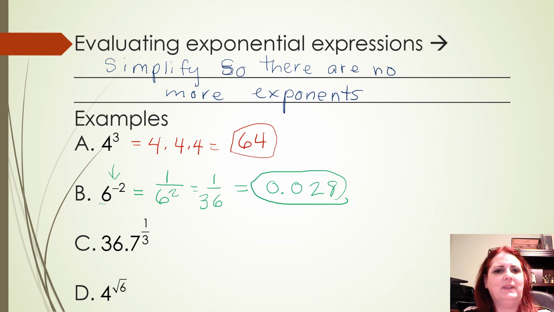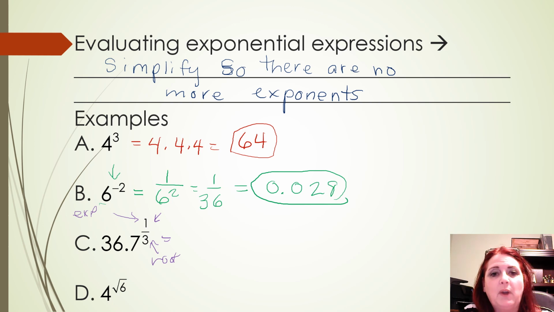Now this one, that 1/3, what in the world does 1/3 mean? Well, remember our fractions. The numerator, I'm going to call that the exponent or the power, and the 3, the denominator, is the root of our radical.